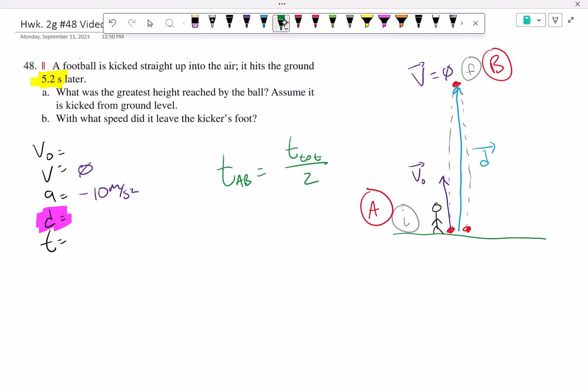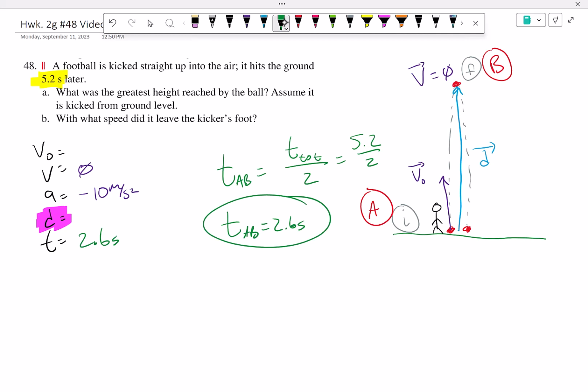So the total time is 5.2. So that is what? 2.6? Yep. So t_AB is 2.6 seconds.